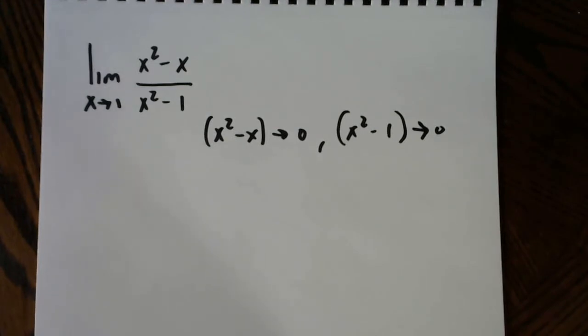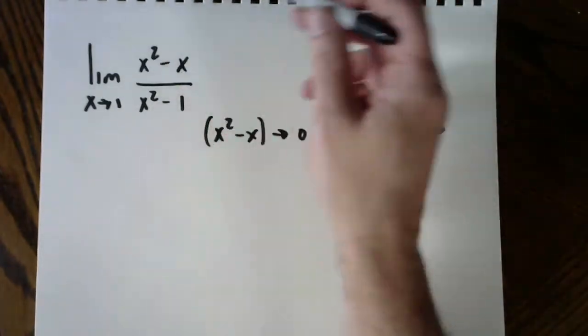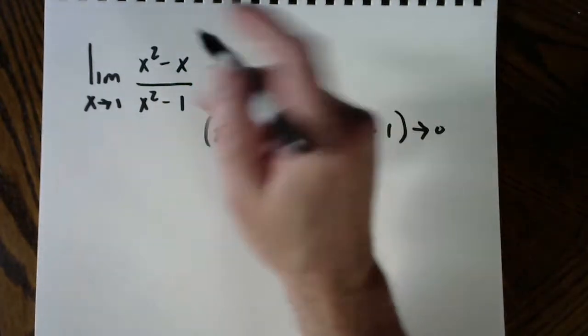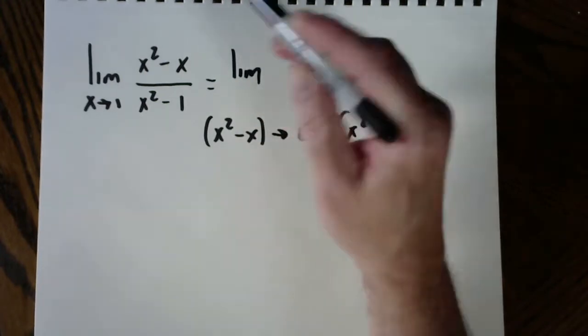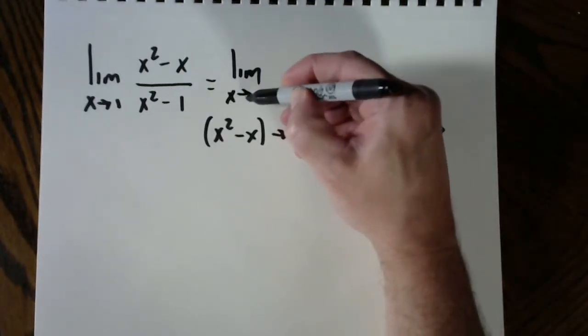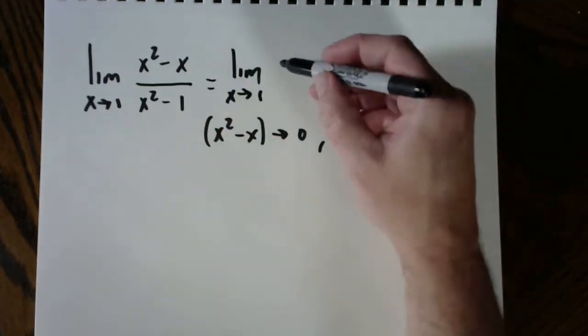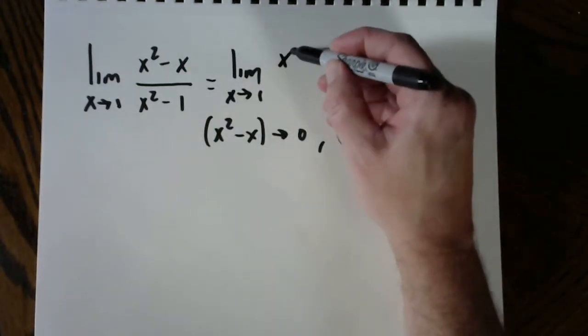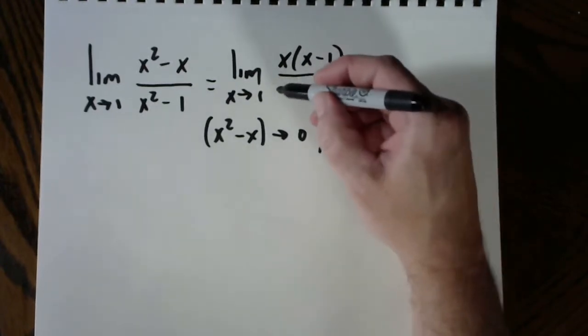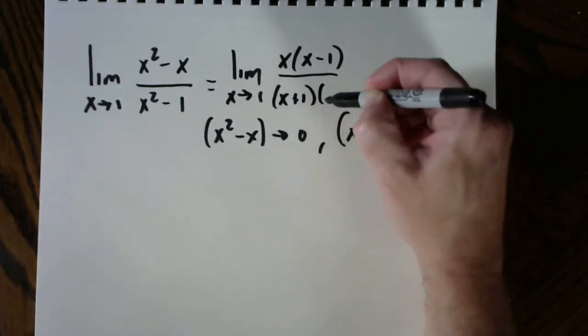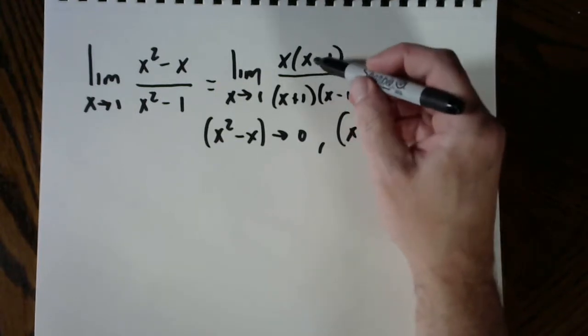So there's different techniques. We can divide everything by x squared. Well, actually, that's what I just said was incorrect. We factor. So the idea here is, right, and these are the zeros, right?